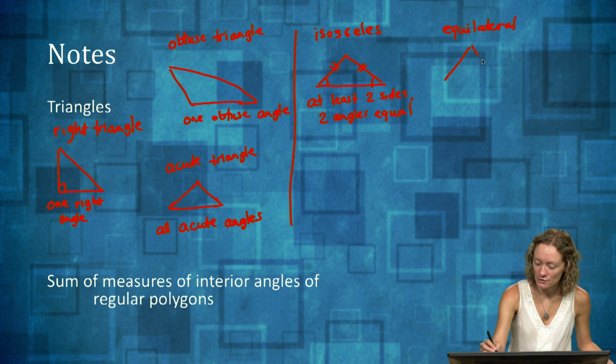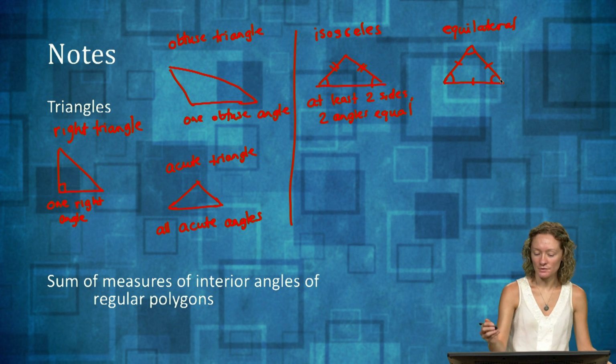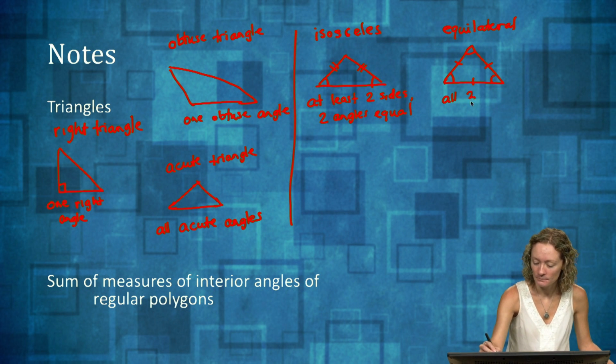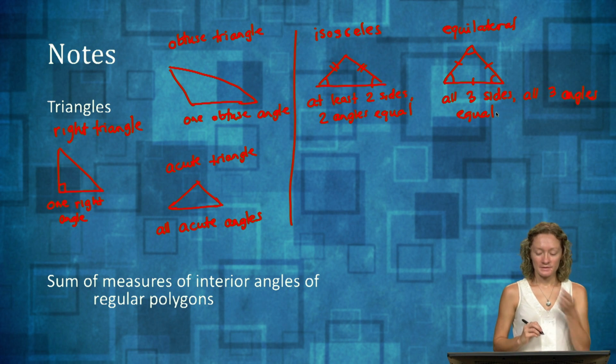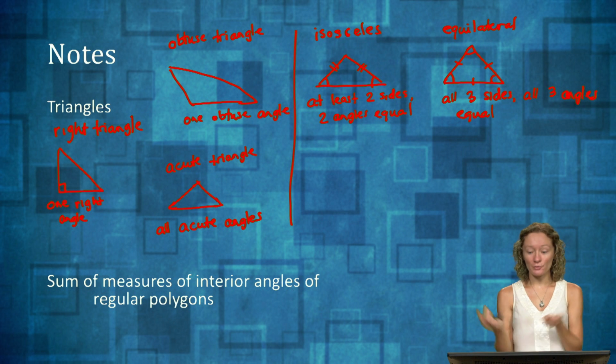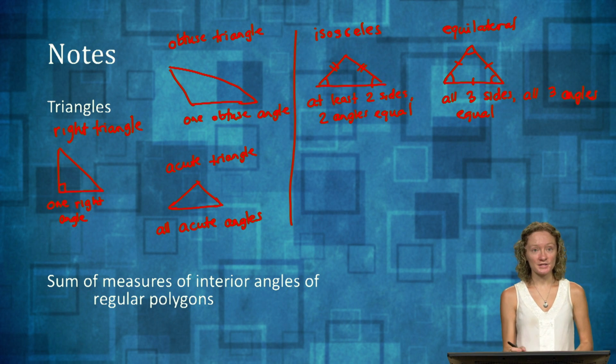An equilateral triangle, I would say the most special, has all three sides and angles equal. So equilateral, all three are the same. Isosceles, at least two.